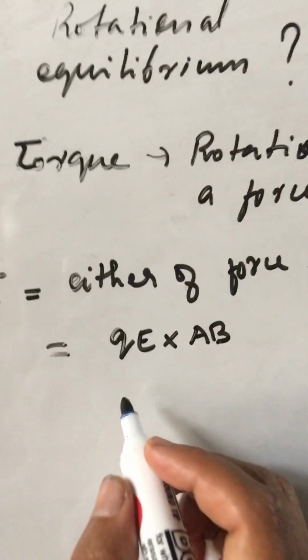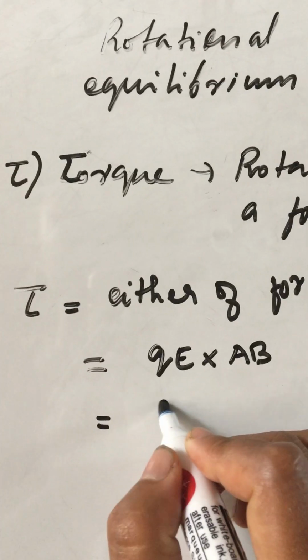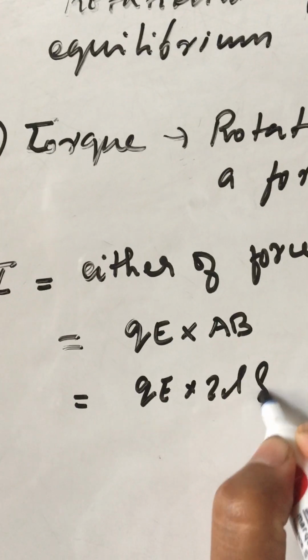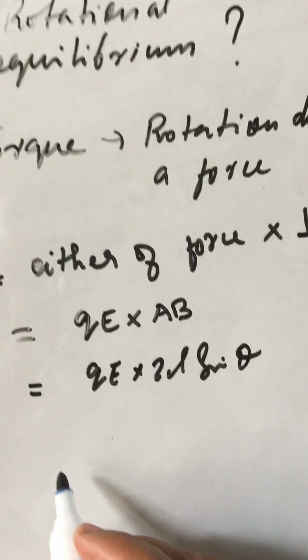So in place of AB, what can I write? Torque is QE into 2L sine theta.